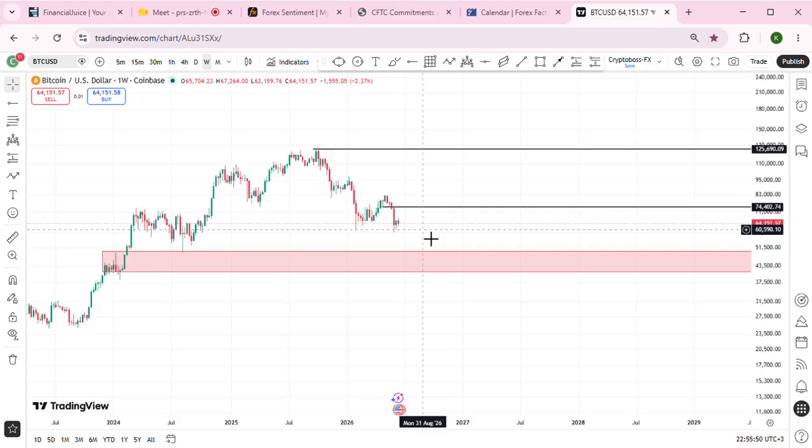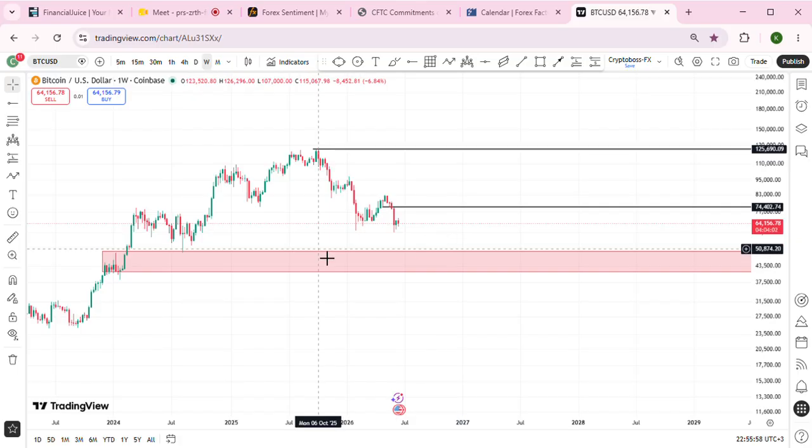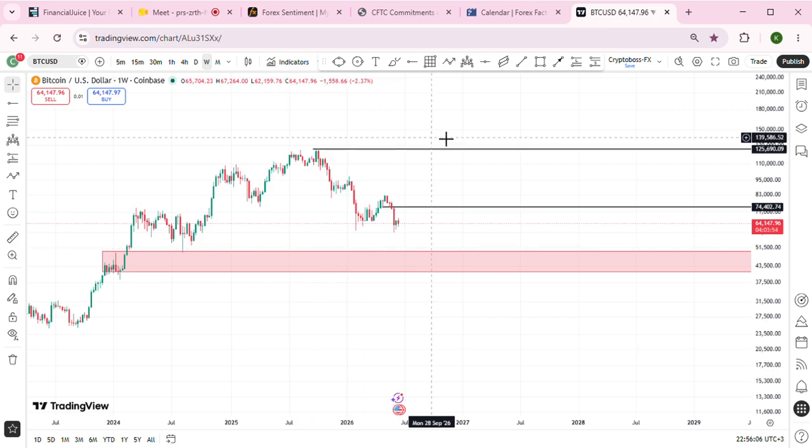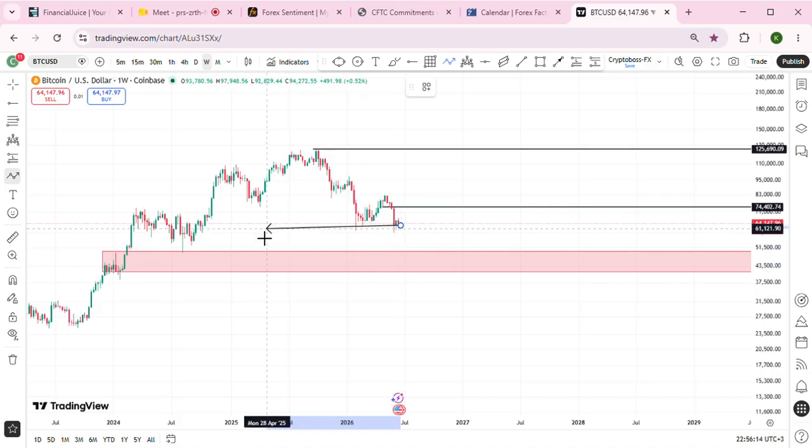So even if you do not have money to invest in Bitcoin and it comes to this, just fund your account with $10, enter a 0.01, buy 2 positions and let it run. Even if it's going to be 3 years, just do so. So Bitcoin, I expect the market to continue dropping to this zone.